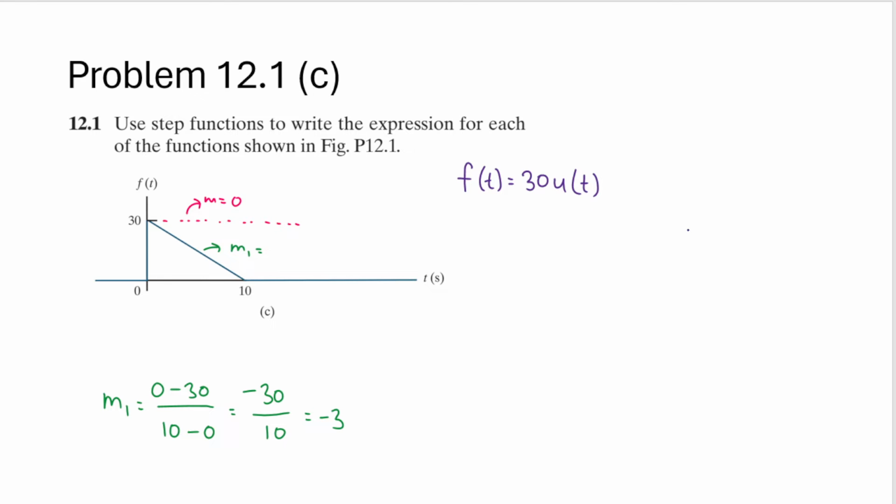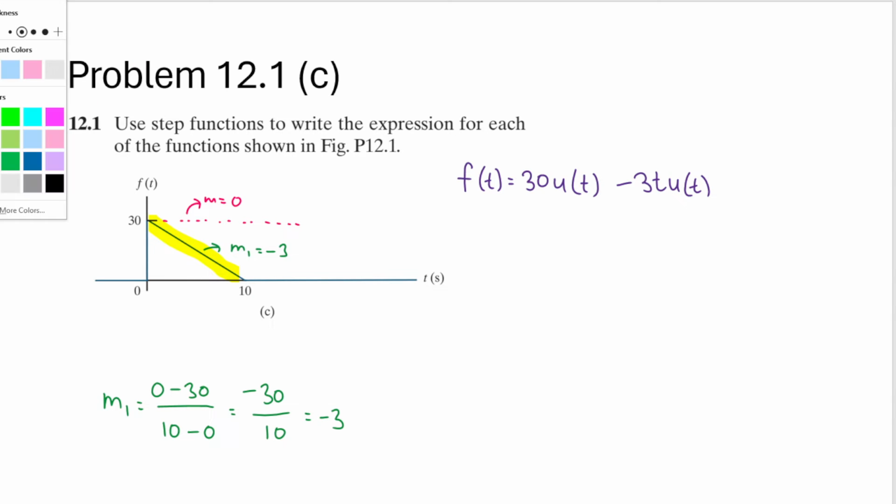So the second term will be minus 3t u(t), because we need to make the line from 0 to minus 3. The slope of the line is M1, which is minus 3, and that is this part here. Next we will have this part here.